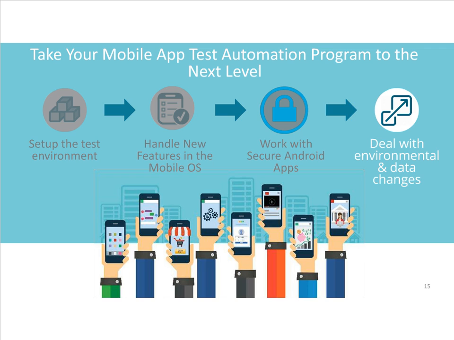But what if you could use the same test and just change the data being used, both as input, so maybe usernames and passwords, and also that you're validating, so maybe account balances, flight schedules, subscriber information. If you could use the same test and change that data with each test run or at whatever frequency you wanted, that would let you increase your test coverage by simply using a data set or a data source, not increasing the number of tests.